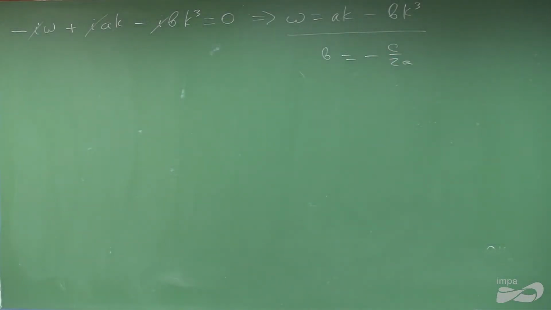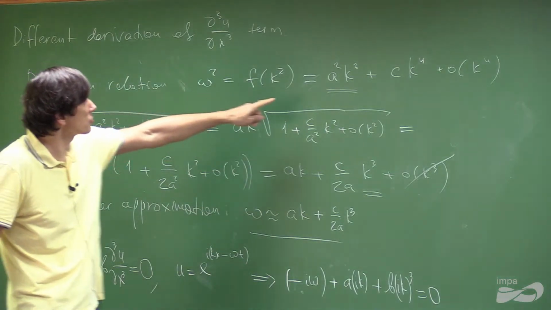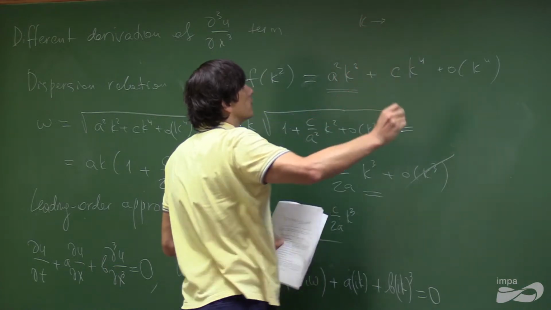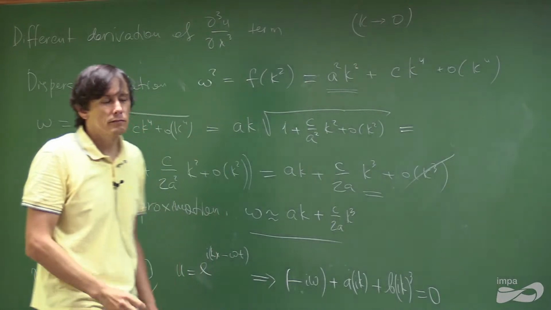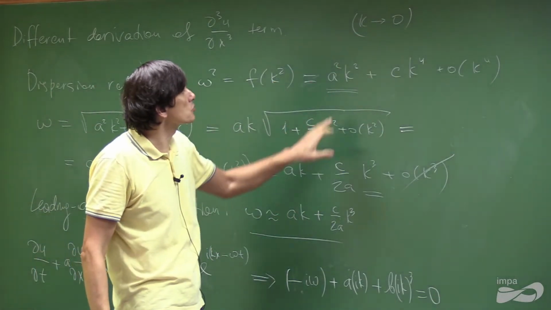So that's another way to see what the next term is. You take your dispersion relation, and remember that the long wave approximation means very small k. So if you want to take into account very weak dispersion, you just take the next term.